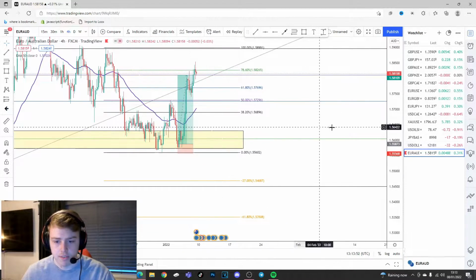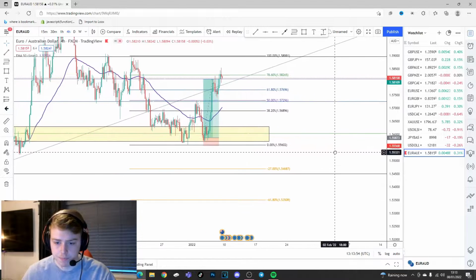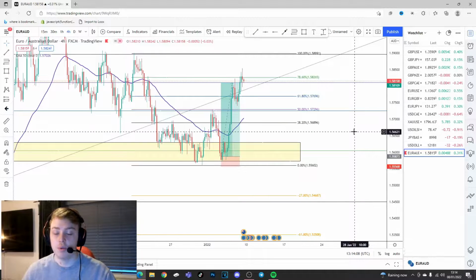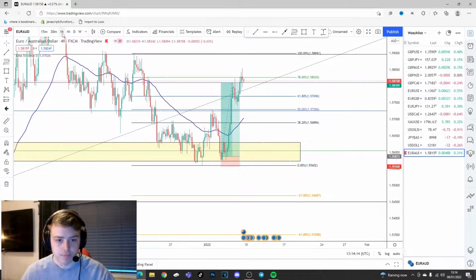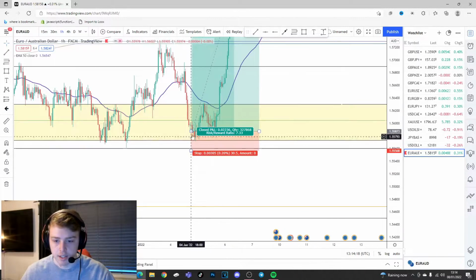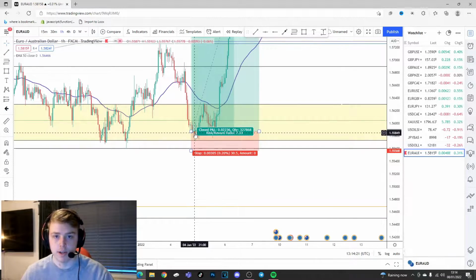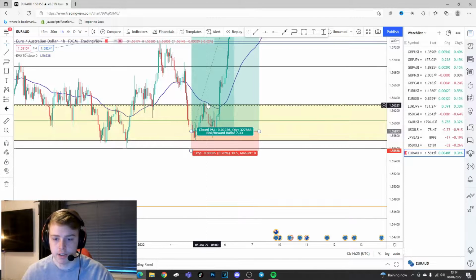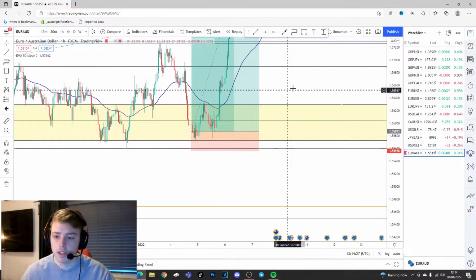So 7% profit. So the one actually annoying thing about this trade is that I didn't take it. Well, I did take it, but if we go down to the 1 hour, you can see I got in here, as well as where all my other members got in, and it came up and it rejected the 1 hour EMA.